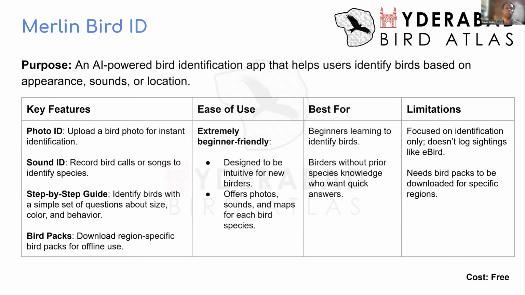But the Merlin Bird ID tool is primarily used for identification of birds by sound, by photo, or by features, whatever you've captured. Apart from that, it also gives you the list of birds for the pack you downloaded. So it's a very important beginner's tool for everybody to explore. If somebody hasn't downloaded it, download it now and keep it ready for the later part.